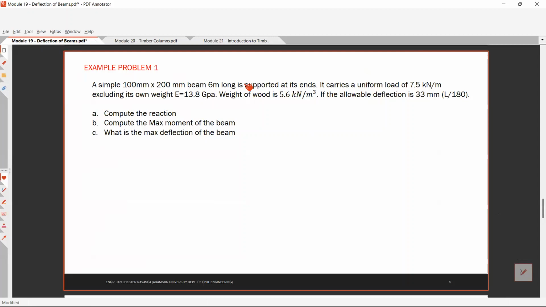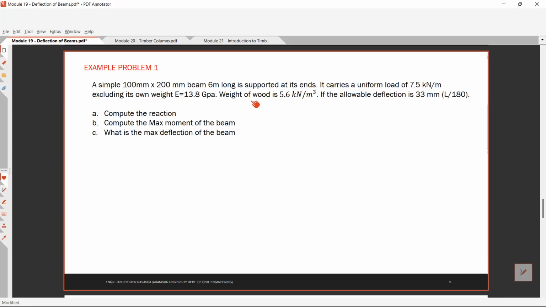Sige, for example, problem 1, a simple 100 millimeters by 200 millimeters beam, which is 6 meters long, is supported at its ends. Then it carries a uniform load of 7.5 kilonewton per meter, excluding its own weight, and the modulus of elasticity is equal to 13.8 GPa.